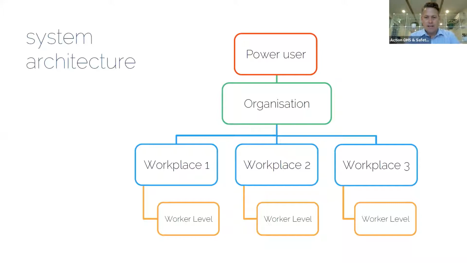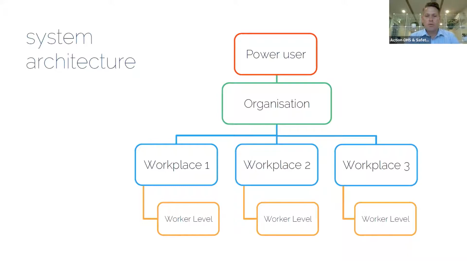When we look at the organisational level, which is the green level on this chart in front of you, this is the level of access that senior management and management will enter the system to be able to view all of the tasks and activities that are being undertaken in the workplaces below them.